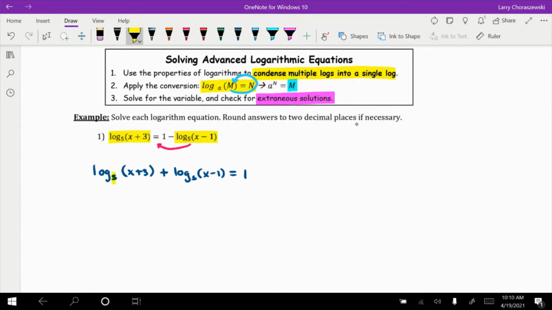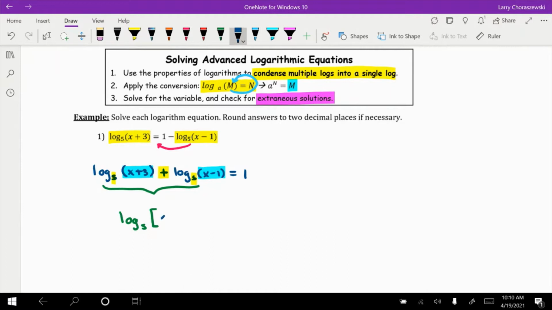Notice that both logs have the same base 5. Moreover, they're being added together. That allows us to condense this into a single log base 5, provided we do what with the arguments? Multiply.